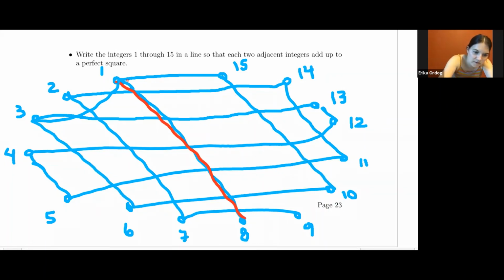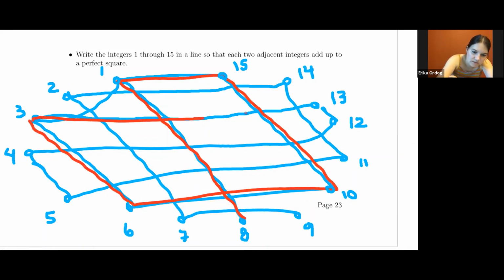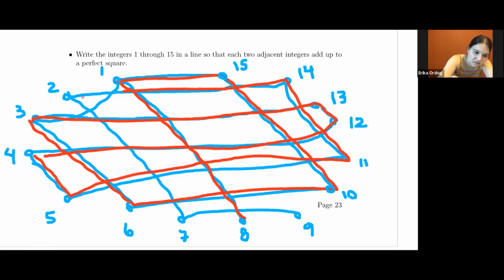Go from 1 to 15, to 10, to 6, to 3. Don't want to go back to 1. Okay, so now go to 13, 12, 4, 5, 11, 14, 2, 7, and then back to 9. So we found our Hamiltonian path, and by following along the vertices that occur in this path, you can write down the integers 1 through 15 so that each two adjacent add up to a perfect square.